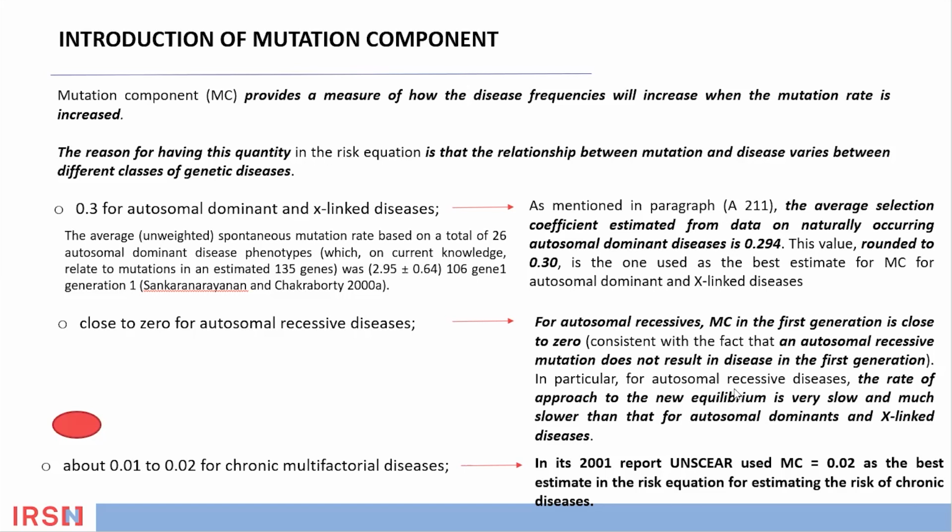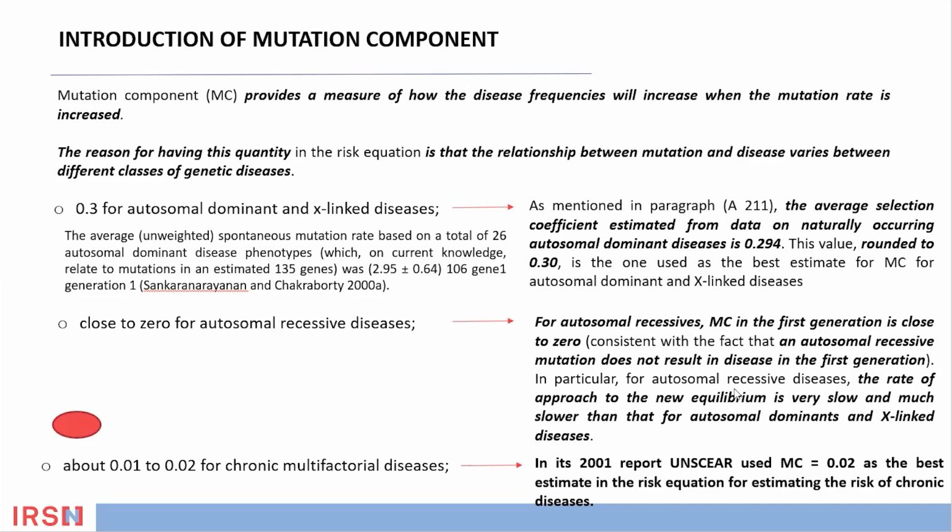The average selection coefficient estimated from data on naturally occurring autosomal dominant disease is 0.294, and they rounded it up to 0.30 and decided to use it for autosomal dominant and X-linked disease.